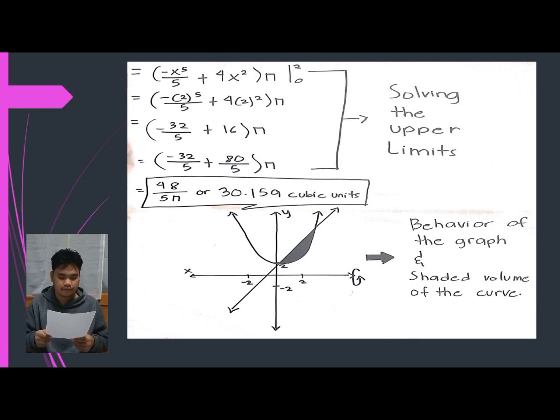So we've got negative 32 over 5 plus 16 pi, which is negative 32 over 5 plus 80 over 5 pi. And now, our final answer for this item is 48 over 5 pi cubic units.